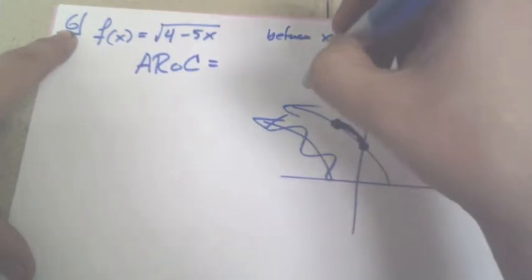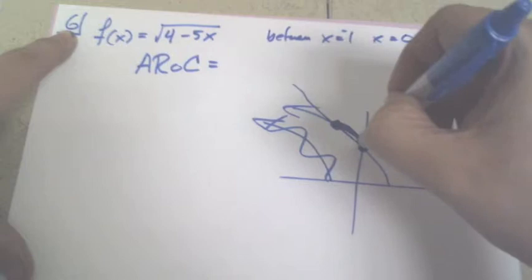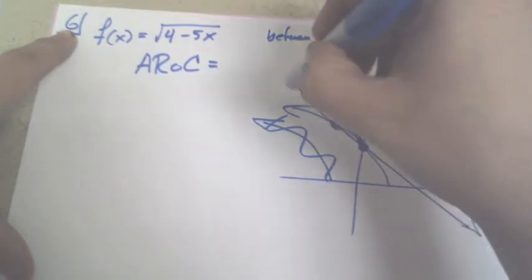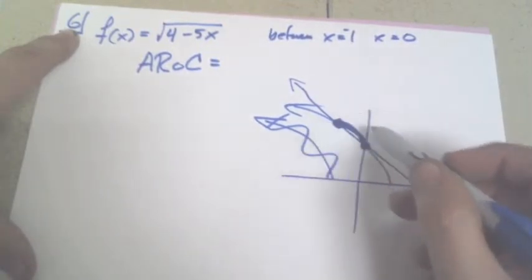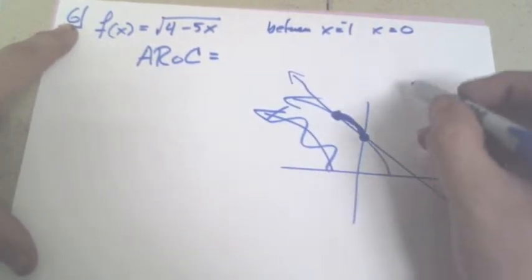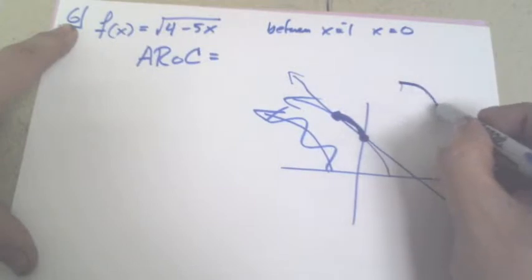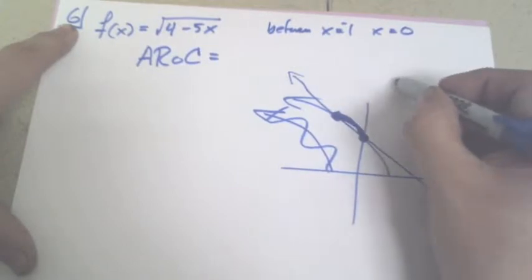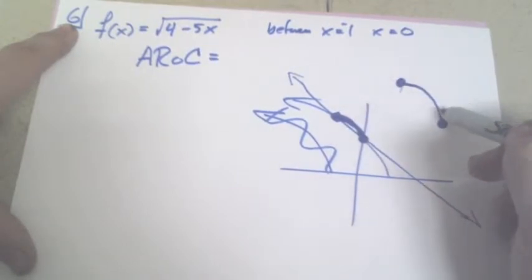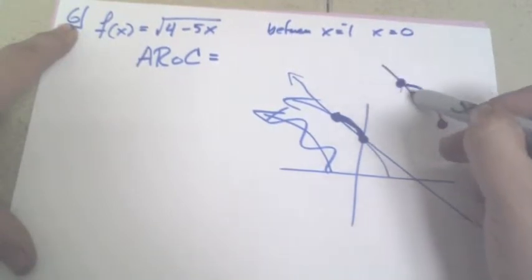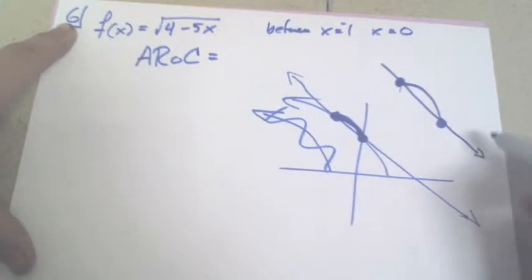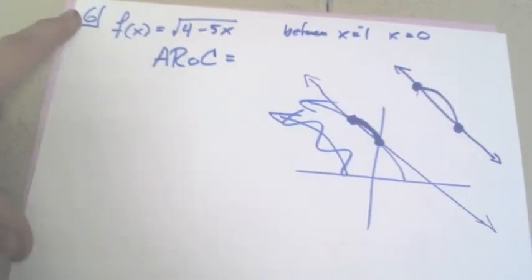But to find its average rate of change, what we're going to find is the slope of that line, technically called a secant line, that's straight through it. So if we zoomed in here, we'd have a curve here, and instead of finding the rate of change between all of these little points, we're going to find the rate of change of the values along that line, and that's going to be our average.